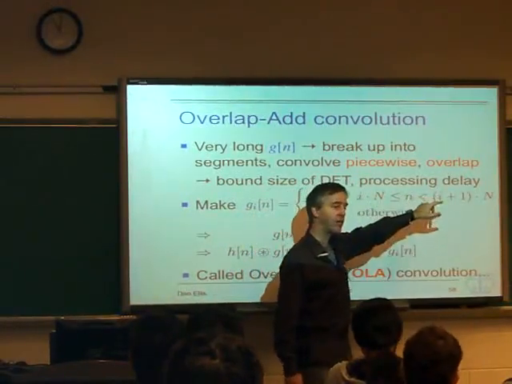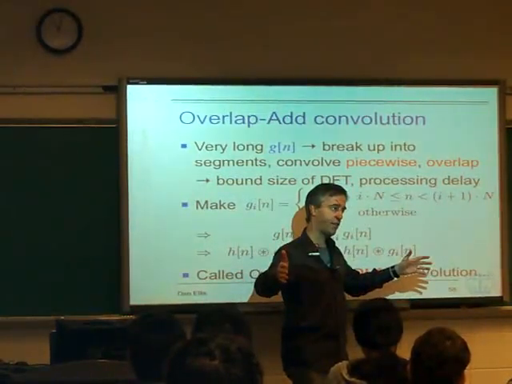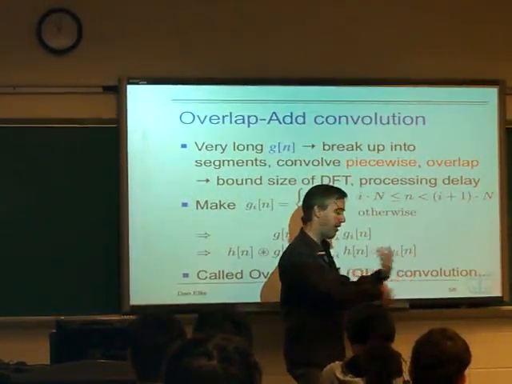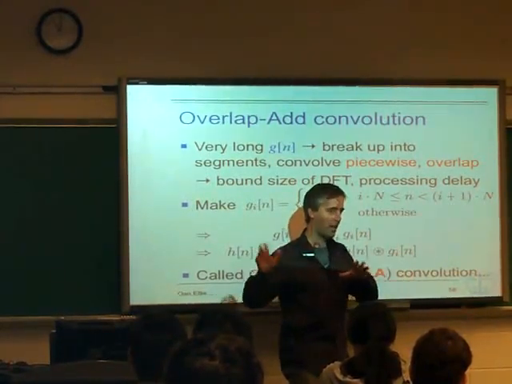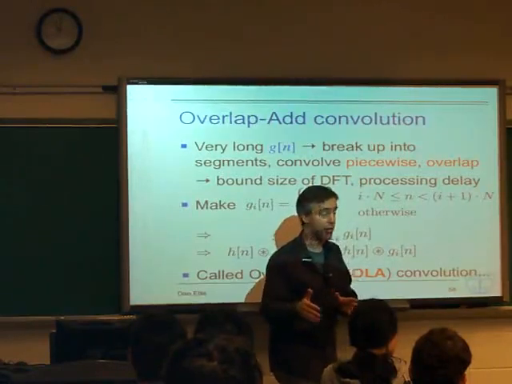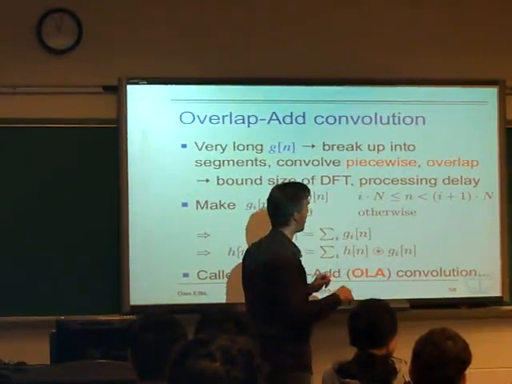Also, it means that we can limit the processing delay. To calculate a DFT, you have to see an entire sequence. But if we can calculate just the DFT of the first chunk and then calculate that part, then it turns out that gives us enough information that we can output the first part of the result, assuming we've got a well-behaved impulse response.